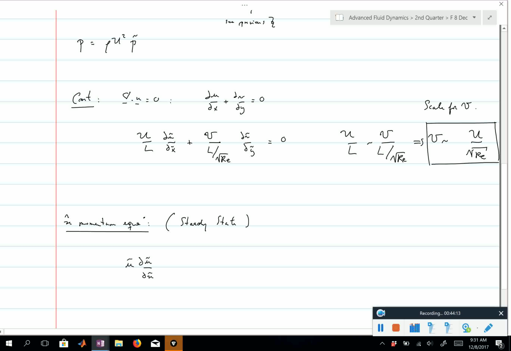So the first term in my Navier-Stokes equation is this. Now I'll do it really quickly, but the scale which comes out is rho U squared divided by L, plus, this is my advection term, I have V partial U partial Y. And so here you have a rho times V times U. So this is going to give me a U squared divided by square root of Reynolds number.